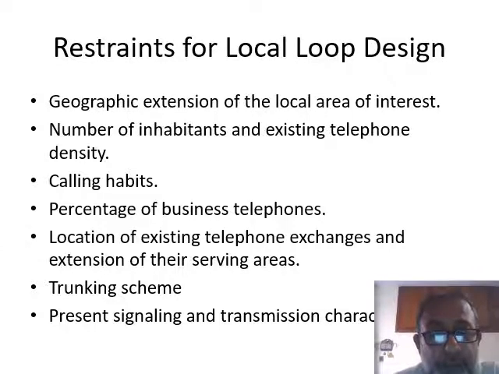And when one telephone exchange wants to connect to another telephone exchange, it has to go through the tandem exchange. And the last restraint is that we have to see the present signaling and transmission characteristics of the subscribers loops.